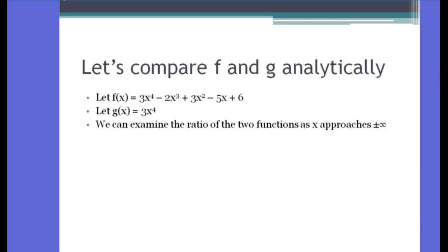So if we compare these two functions analytically, what we're doing is that long division setup. So we're going to set it up so that it is f divided by g.